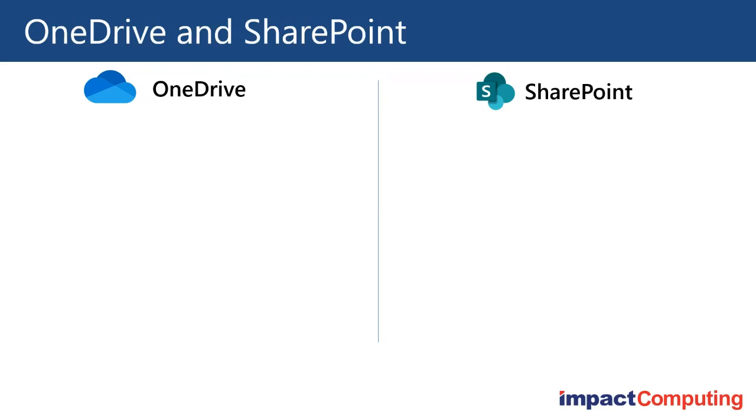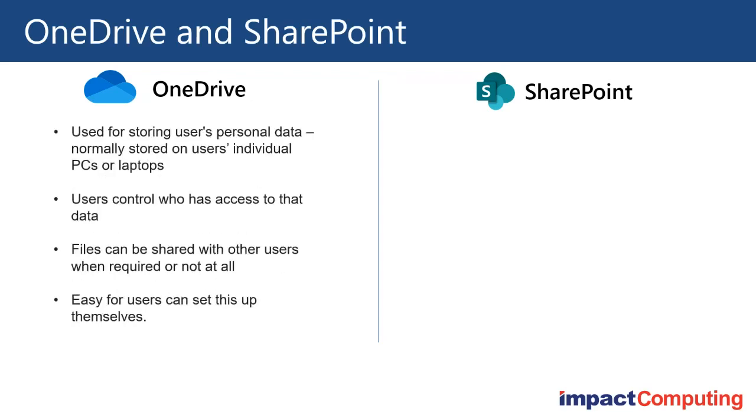The two features we will look at relating to the storing of files on the cloud are OneDrive and SharePoint. Starting with OneDrive, this is used by individuals to store their files on the cloud. Think of it as a My Documents folder, which is stored online rather than on a user's PC or laptop.